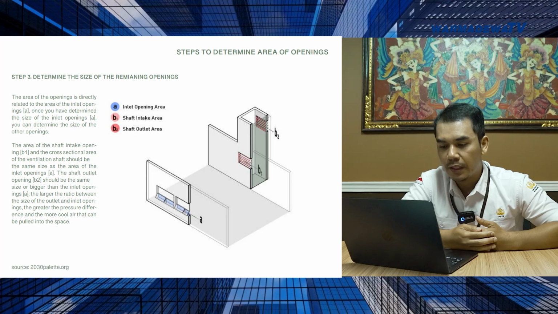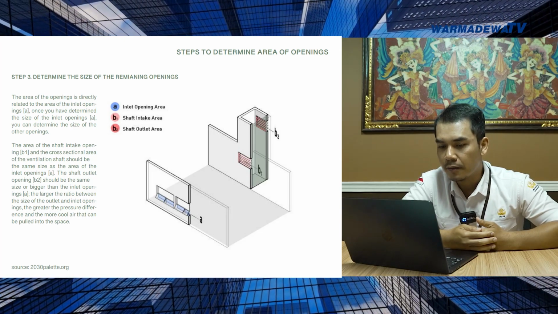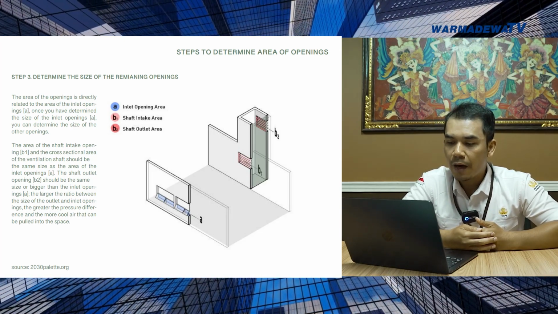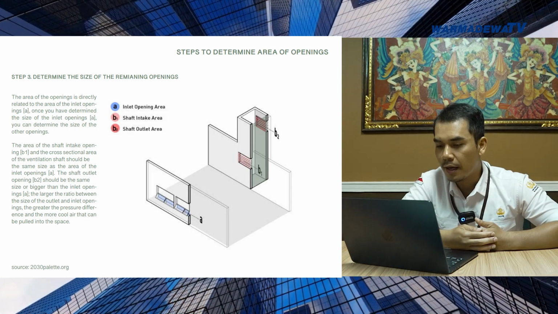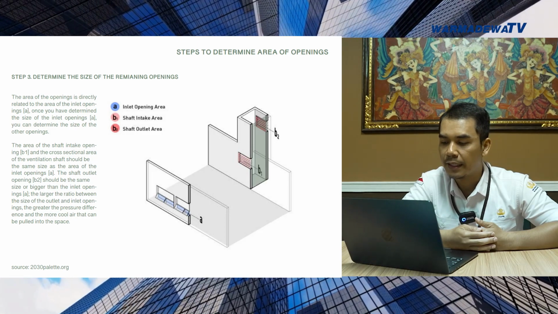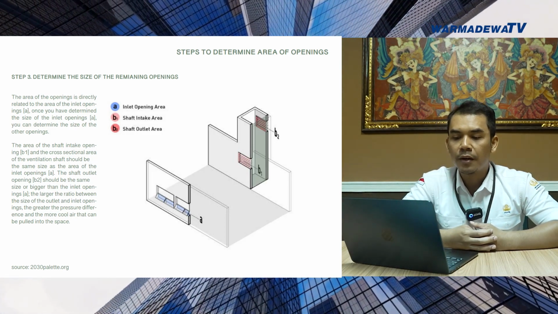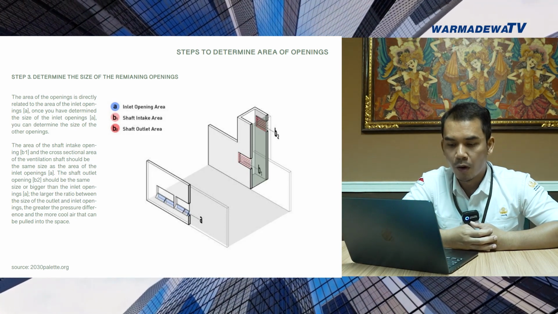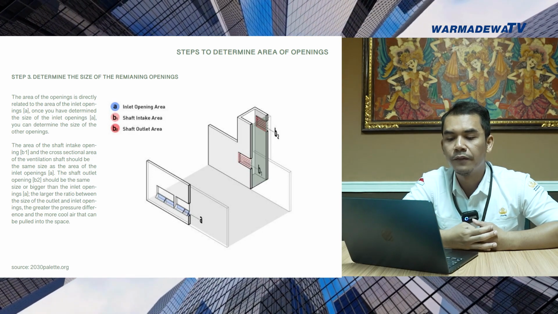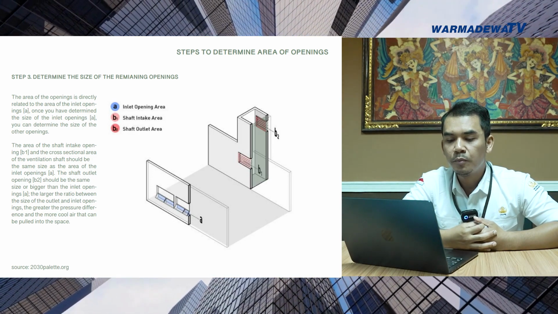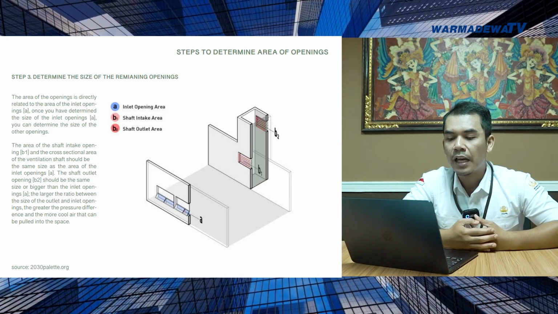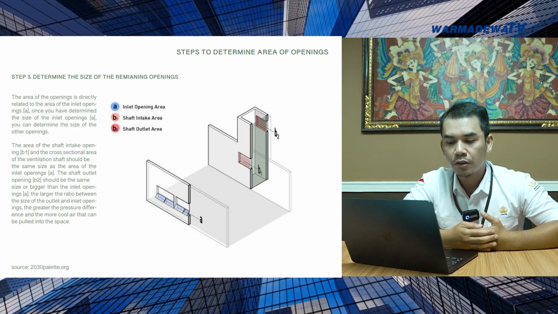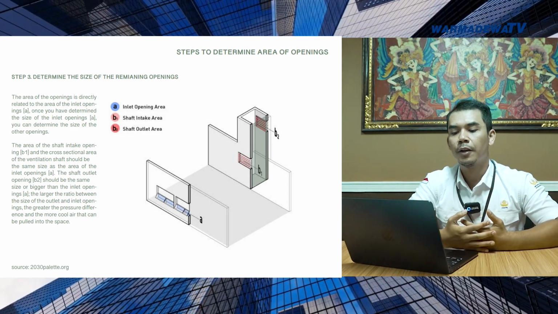In this diagram, the inlet is indicated as A, the intake area of the shaft is indicated as B1, and the shaft outlet area is indicated as B2. The area of the shaft intake opening, B1, and the cross-sectional area of the ventilation shaft should be the same size as the area of the inlet openings, A. The shaft outlet opening, B2, should be the same size or bigger than the inlet openings.